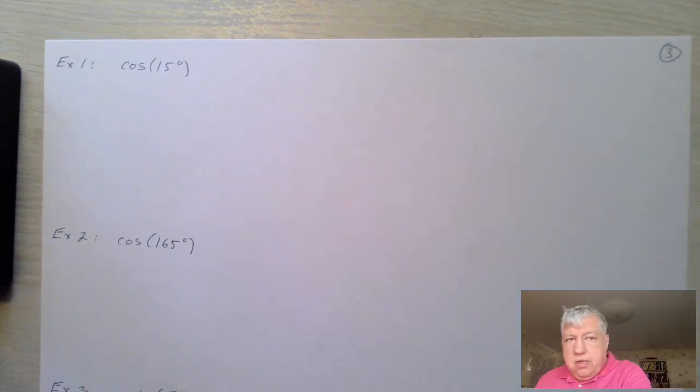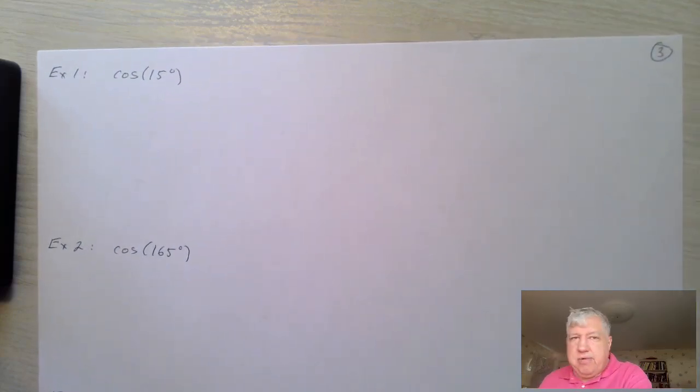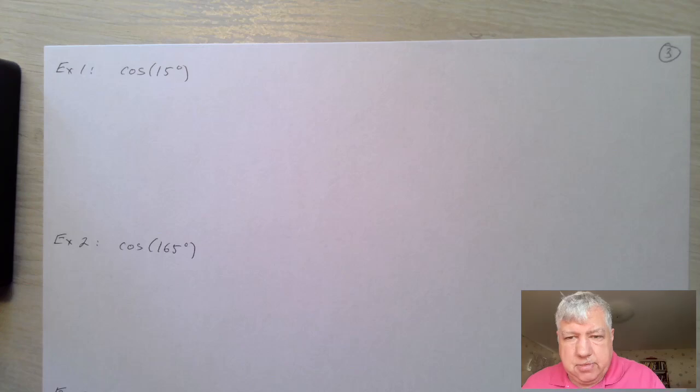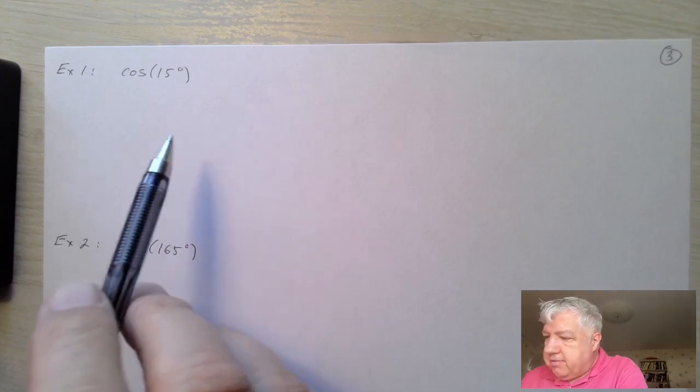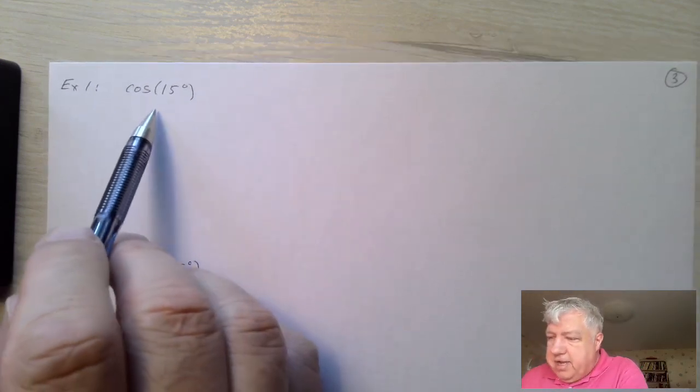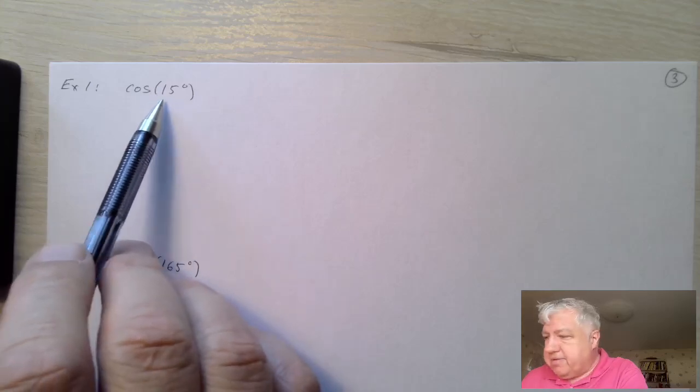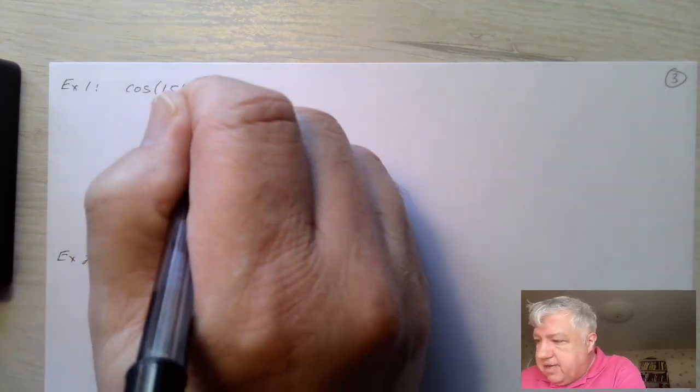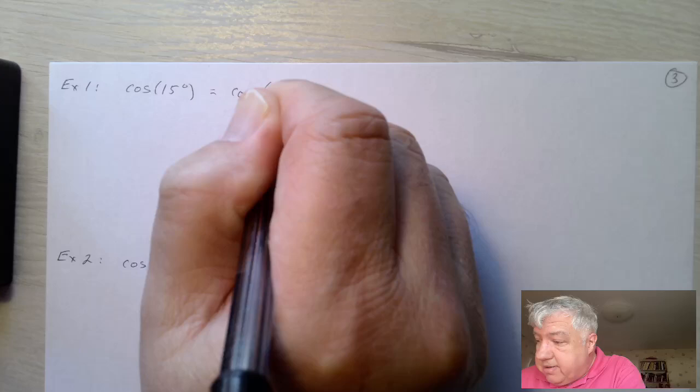Okay. So the cosine of 15 degrees. We actually did this in the previous section using the sum and difference formulas, but now we're going to do it using the double angle and half angle formulas. And we probably want to use the half angle formulas because we can see that 15 is 1/2 of 30.